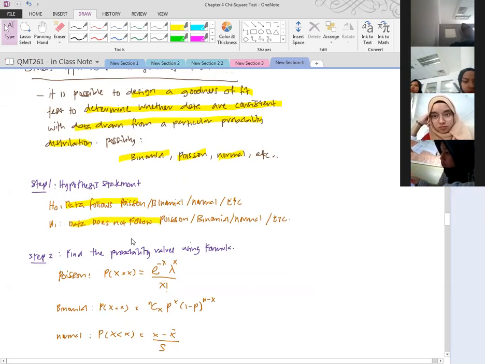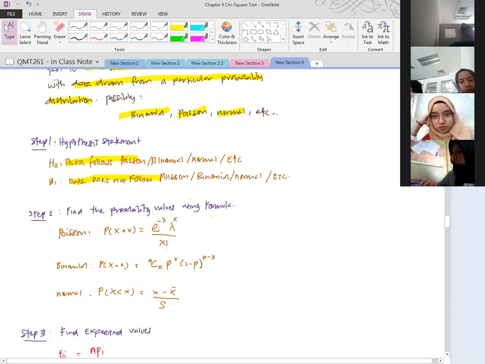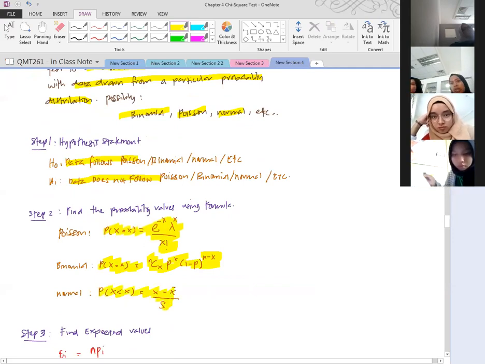Step number two, you need to find the probability value using the formula of the particular probability distribution. If you are testing Poisson, use the Poisson PDF; if binomial, use the binomial PDF; if normal, use the normal PDF.